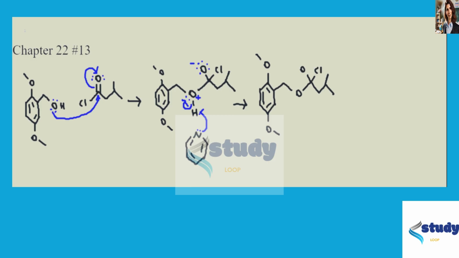Okay, and so the very last thing that's going to happen here is that this oxygen with 3 lone pairs and a negative charge is going to close back down, so to speak. So it's going to reform its double bond here, and that is going to kick this chloride ion out. And that's fine because the chloride ion is a good leaving group.